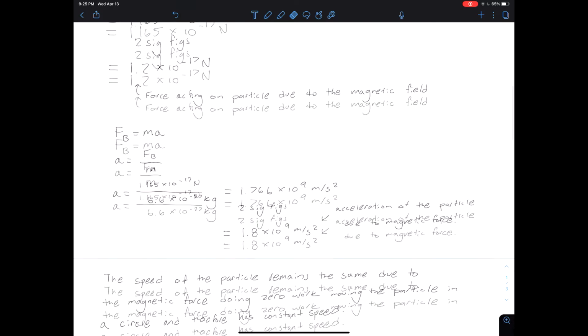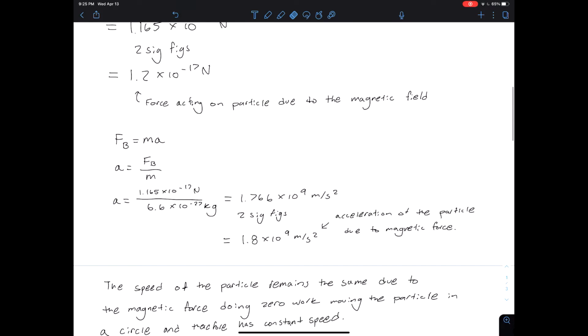So plugging in these values, 1.165 times 10 to the negative 17 newtons over 6.6 times 10 to the negative 27 kilograms, we get 1.766 times 10 to the 9th meters per second squared, and that to 2 sig figs is 1.8 times 10 to the 9th meters per second squared, and that would be the acceleration of the particle due to the magnetic force.